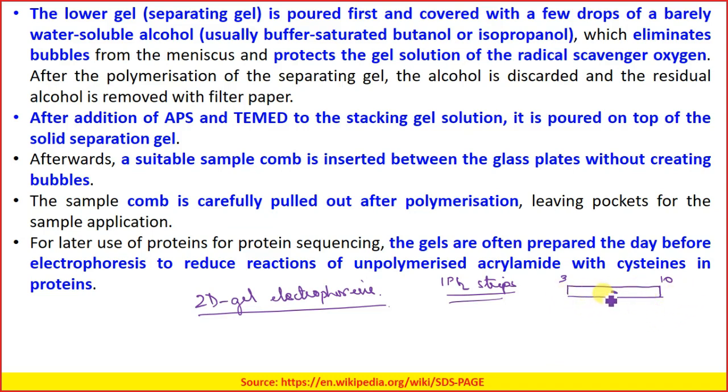Now during that process, what will happen? As I said, suppose if you have pI over here, this will be the negative. Sorry, this is positive. This end, the lower pH, is positive, and the higher pH is negative.